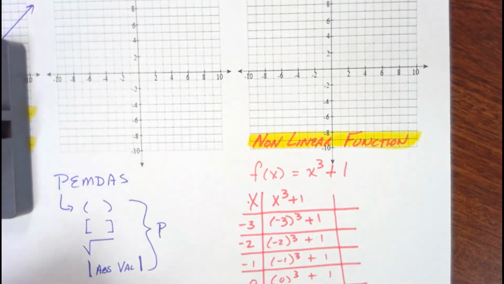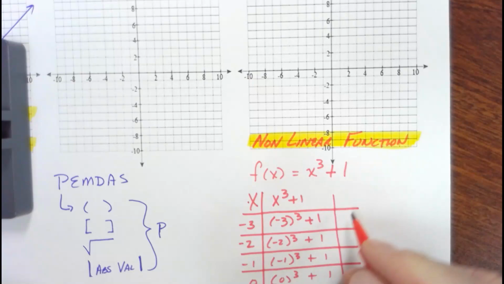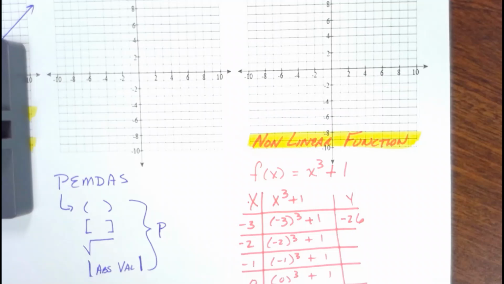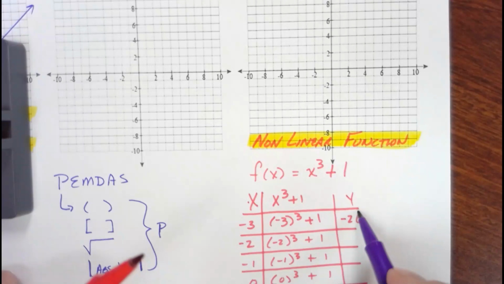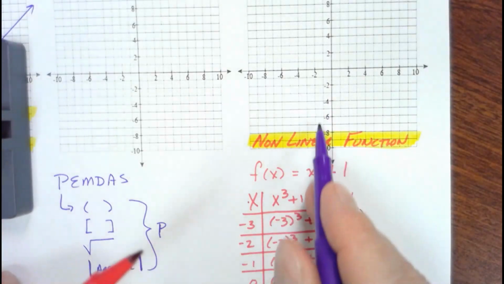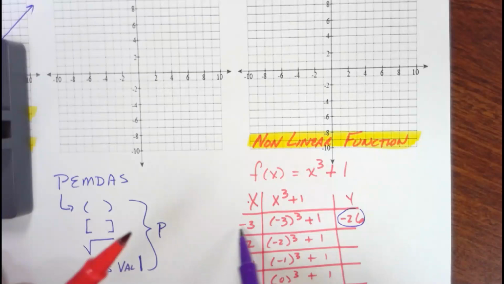Anybody know what negative 3 cubed is? Negative 3 times negative 3 times negative 3 is negative 27. Plus 1 is negative 26. That sucks, because I can't use that point, because I don't have negative 26 up here.